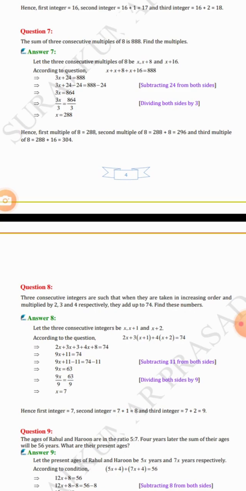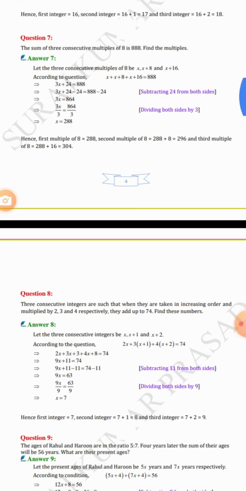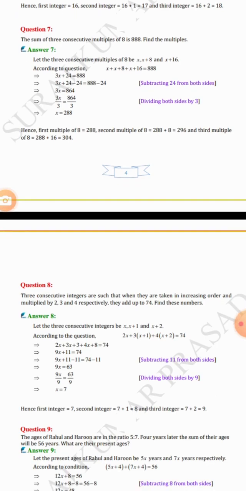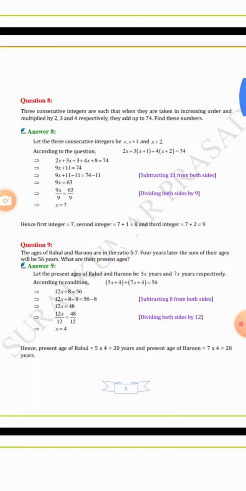Then we get 3x is equal to 864. Then by dividing by 3 on both sides, we get 3x by 3 is equal to 864 by 3. Then the value of x is 288. Hence the first multiple of 8 is 288, the second multiple is 288 plus 8, 296, and the third multiple is 288 plus 16, 304.